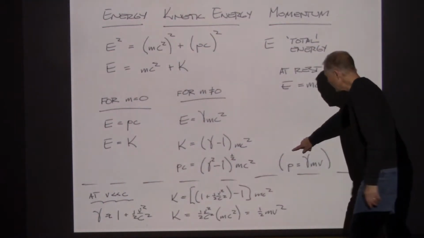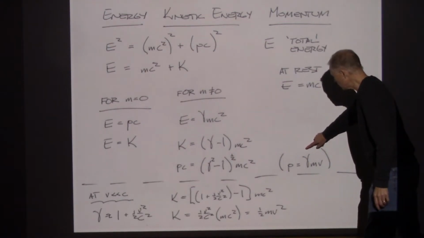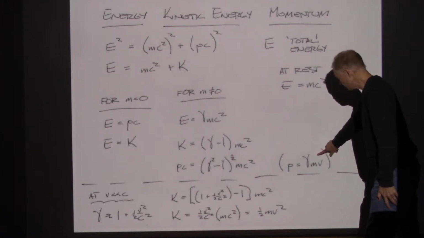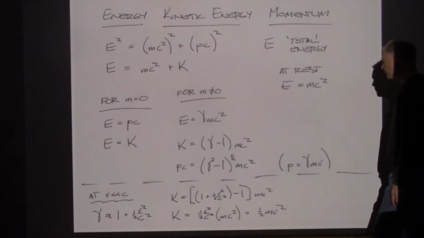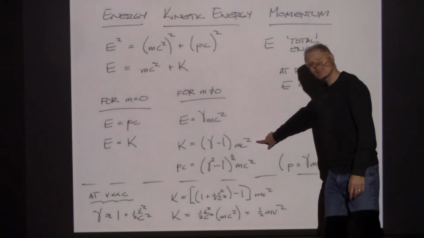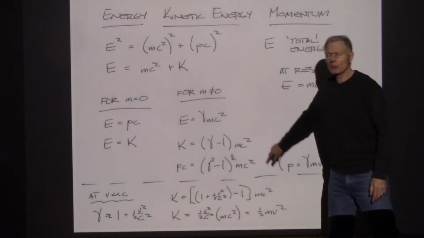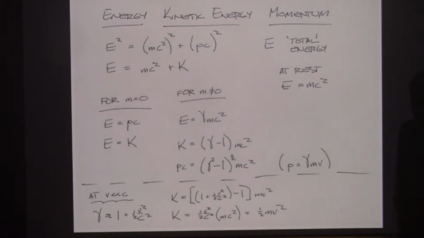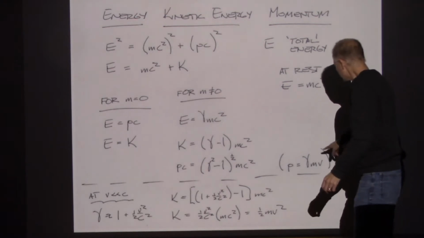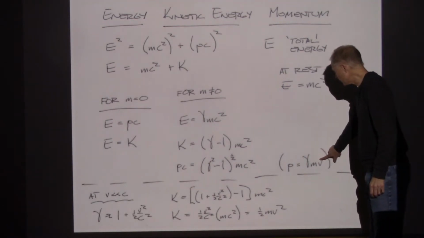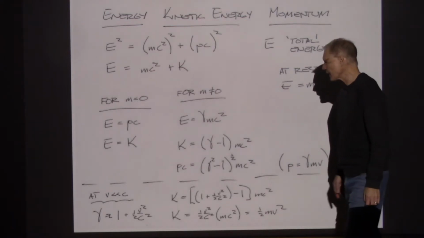And then we could also write that momentum is equal to gamma times m times v. So this doesn't look much like kinetic energy 1/2 mv squared, but we'll show that the two formulas are related. And then this looks pretty similar actually to our momentum formula of mv, it just has a factor of gamma.